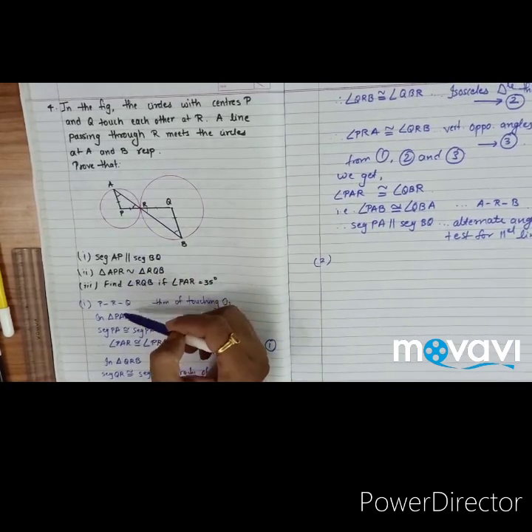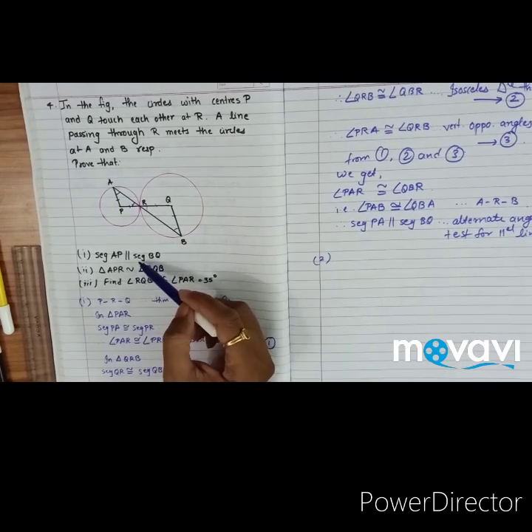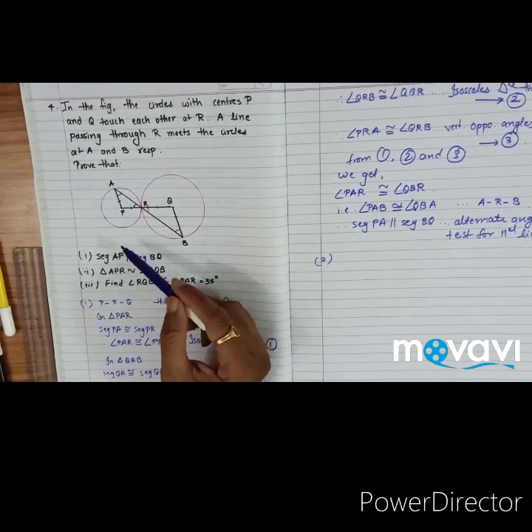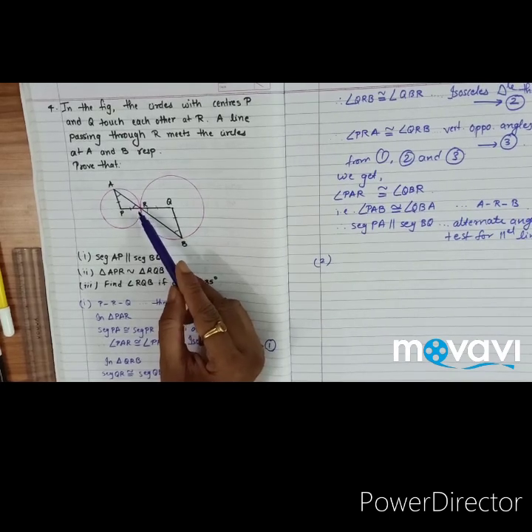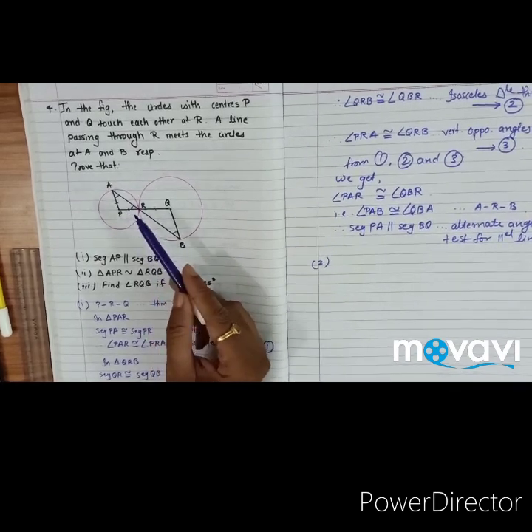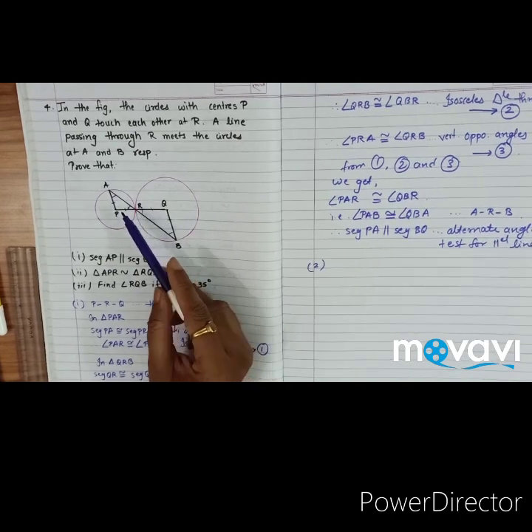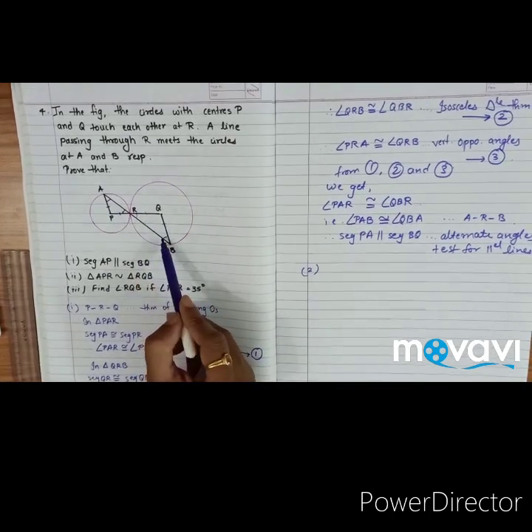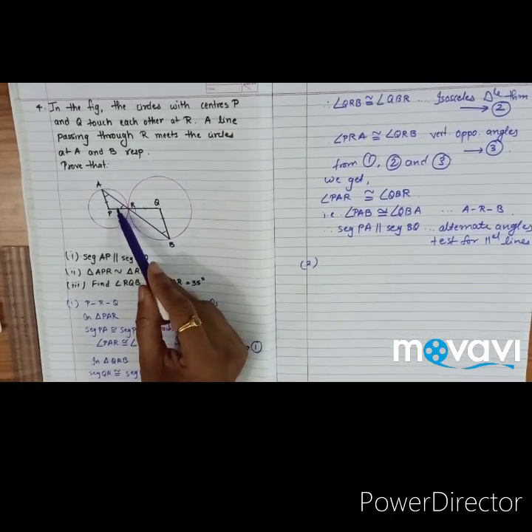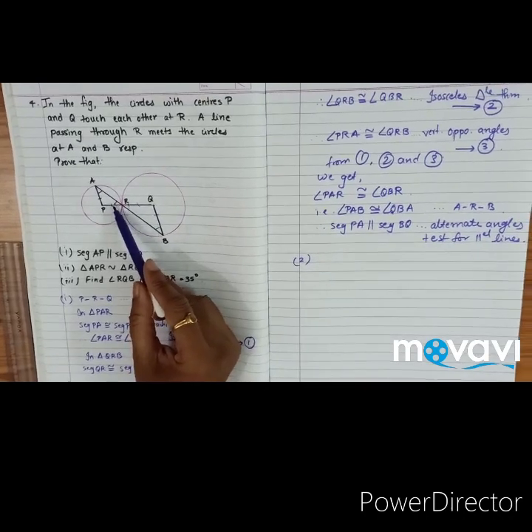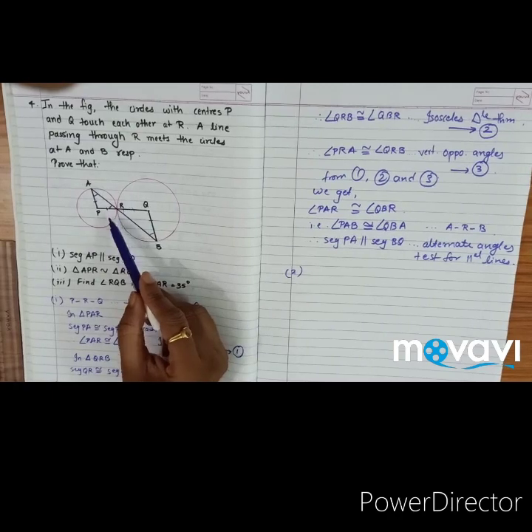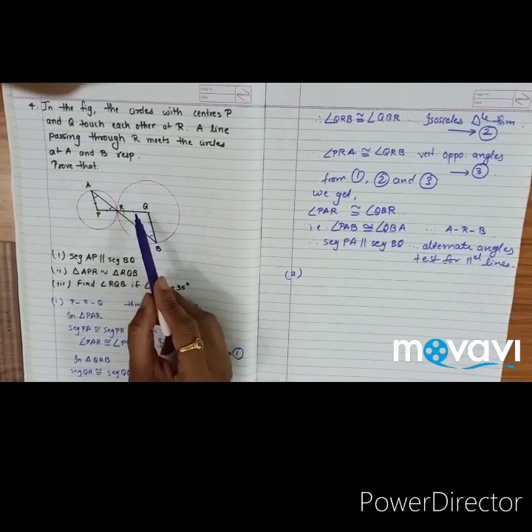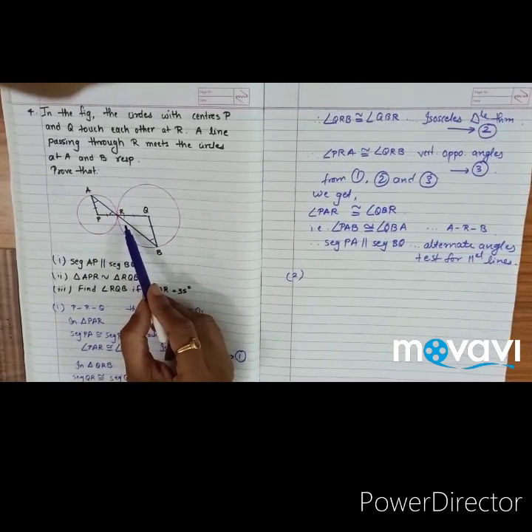And when we were solving the first example, we have already shown two angles of these two triangles to be congruent to each other. That is, angle A is congruent to angle B and this angle R. In both the triangles, it is congruent to each other. So these two triangles are already similar to each other by AA test of similarity.